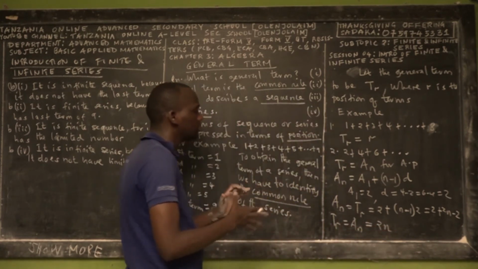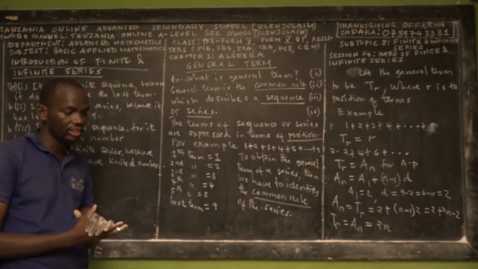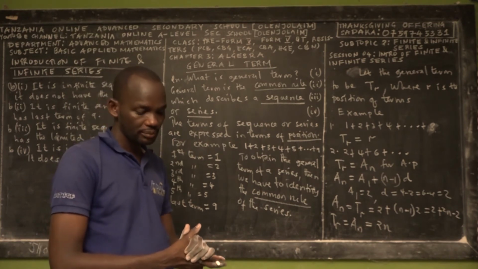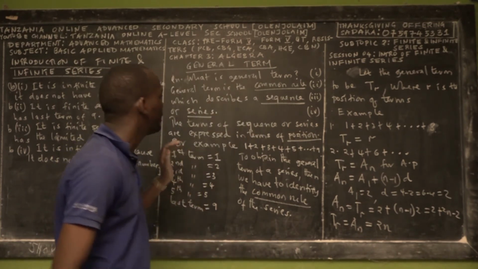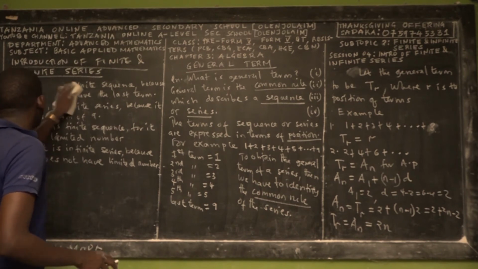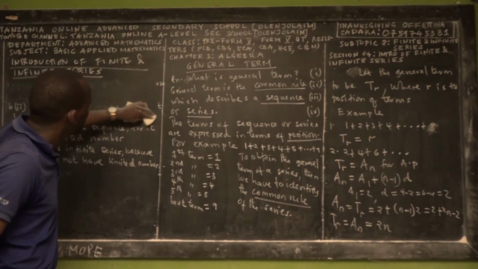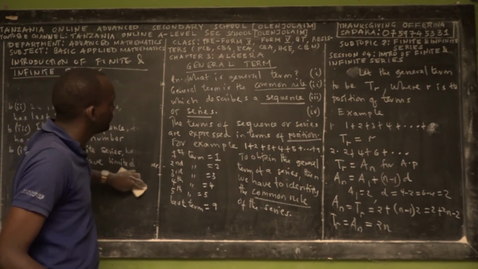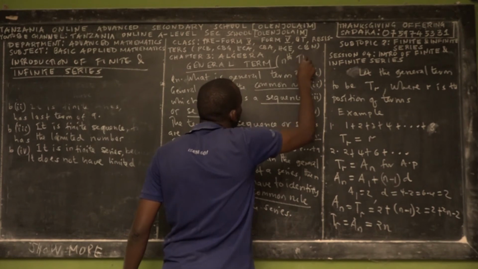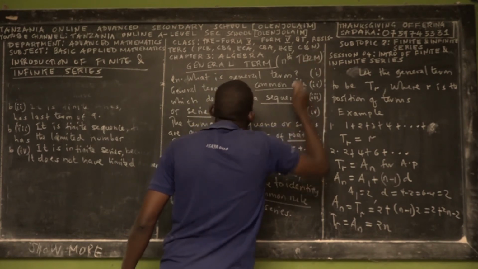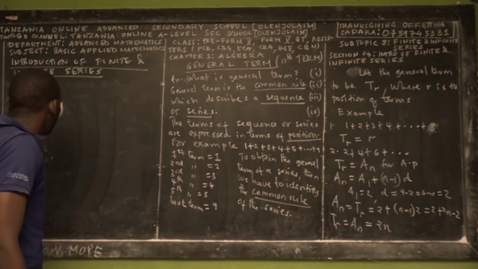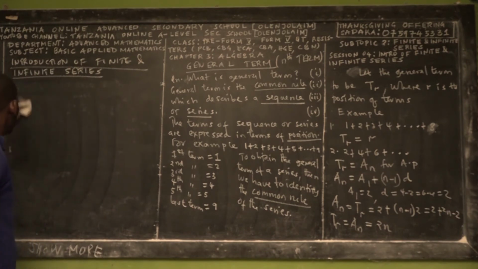So it depends on the certain condition that the sequence or series obeys. You have to remember that we have to know how we can find the general term, or we call it the nth term. It depends on the series, the pattern of the arrangement of the terms of the series.